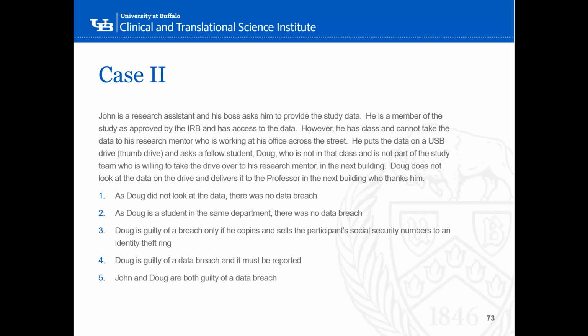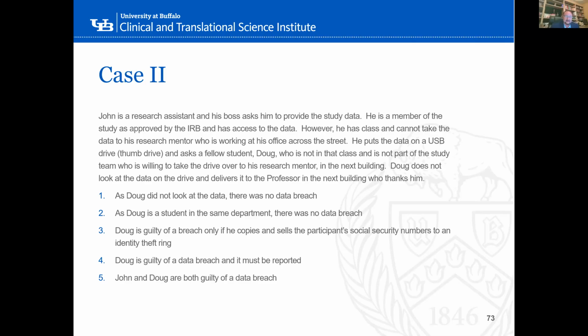So I think it's obvious John shouldn't have shared the data, even in confidence, with someone who is not a part of the study, who is not under the agreement to protect the data. And so clearly John is culpable for the data breach.